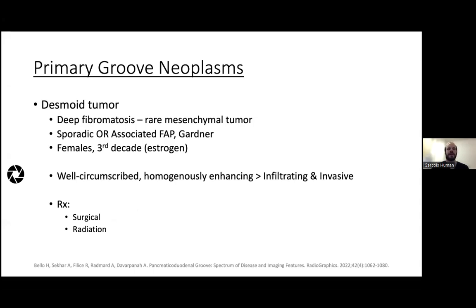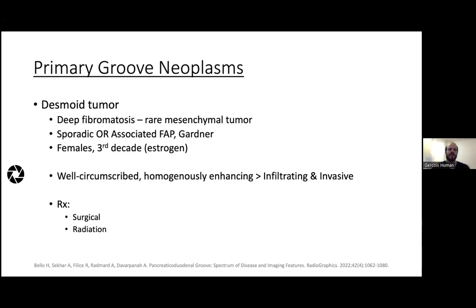Desmoid tumors are deep fibromatosis in the retroperitoneal region. They can either be sporadic or associated with a syndrome. They are often triggered by trauma or surgery, most commonly in females in the third decade, and are usually estrogen sensitive.